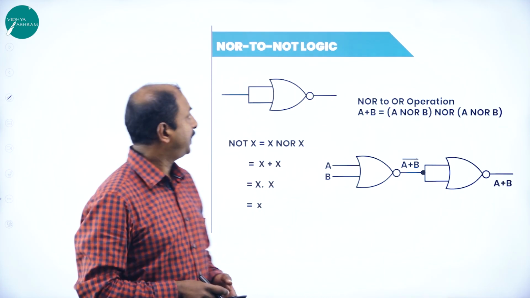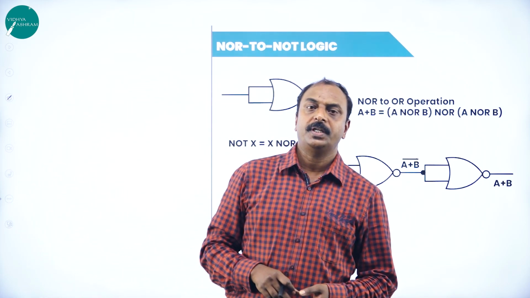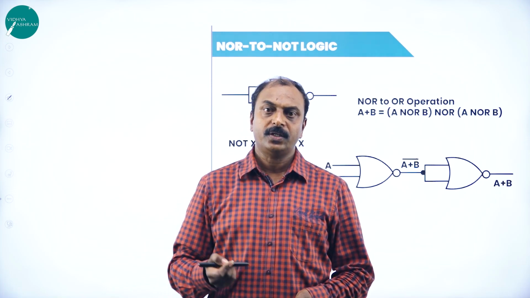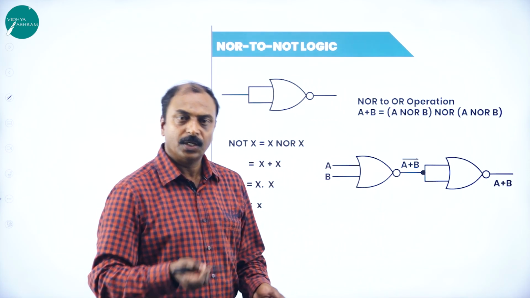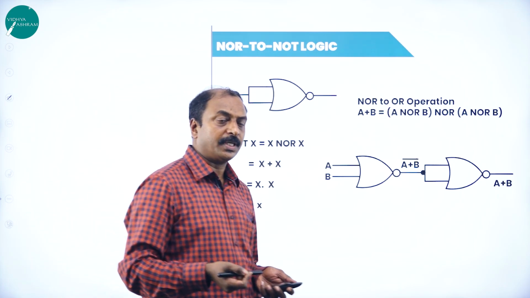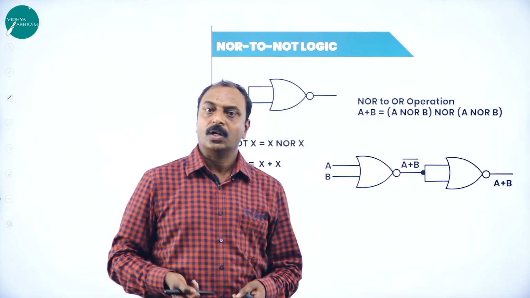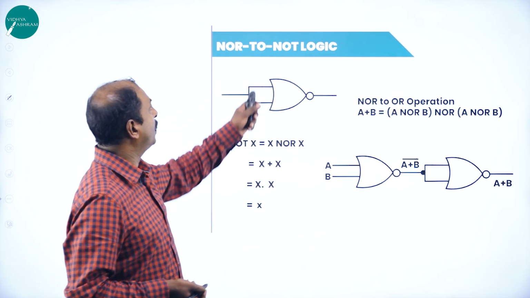The next concept is NOR to NOR logic, or how we derive the basic gates, AND gate, OR gate, NOT gate by using NOR gate. In previous slides, we have learned to draw circuits by using NAND gate. Now we have to design the basic operations of basic gates by using NOR gate.